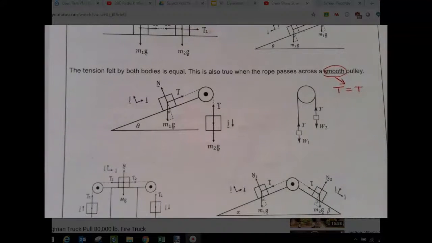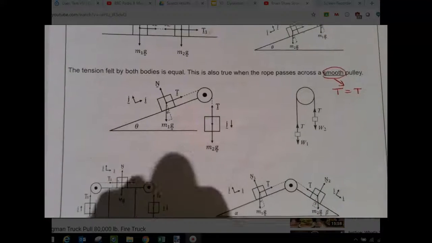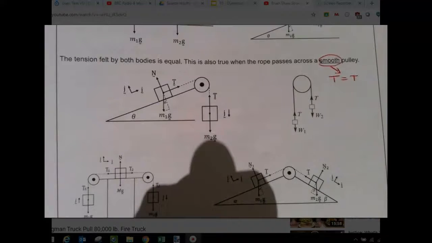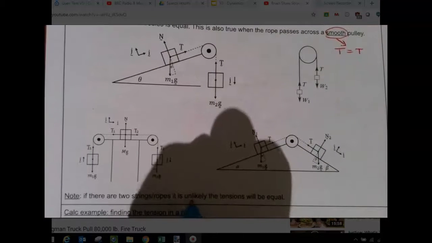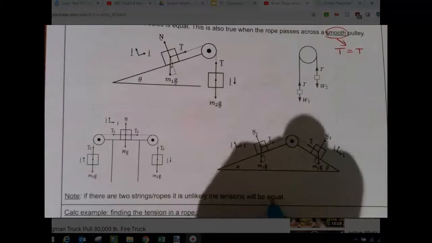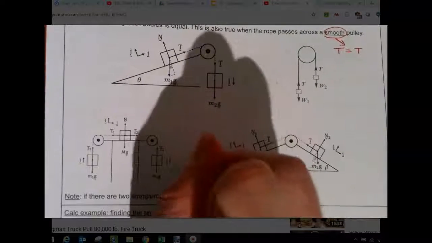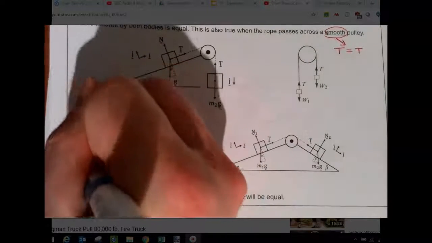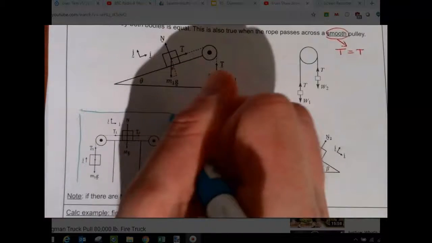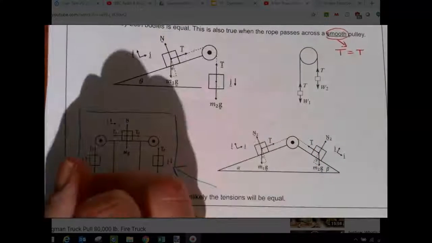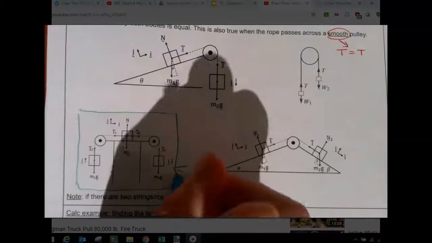However, this is the key point. If there are two strings or ropes, then actually it's very unlikely that those tensions are going to be equal. And in this example here, we can see, if we look at this setup, that there are two different ropes.